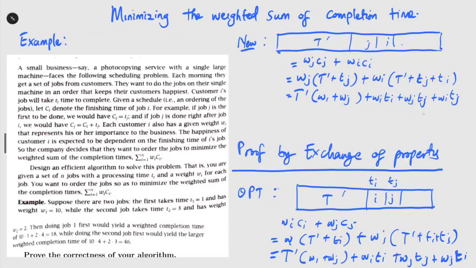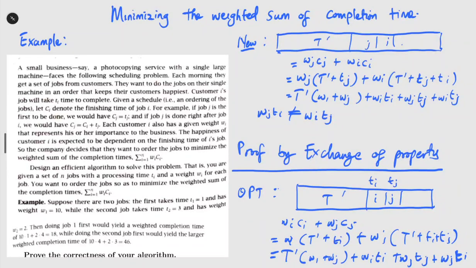So we find that the difference is in the last factor. We have WITJ and WJTI. The first term is the same, the second term is the same, the third term is the same. So we see that WJTI is not equal to WITJ.